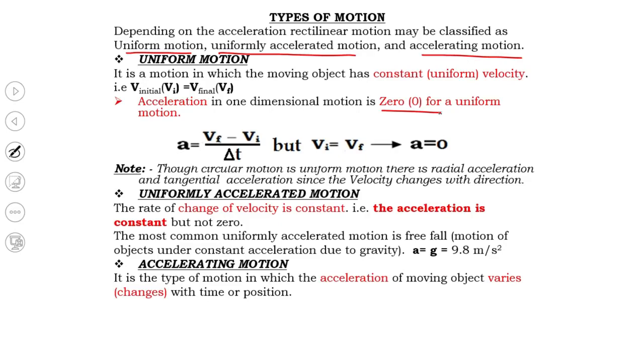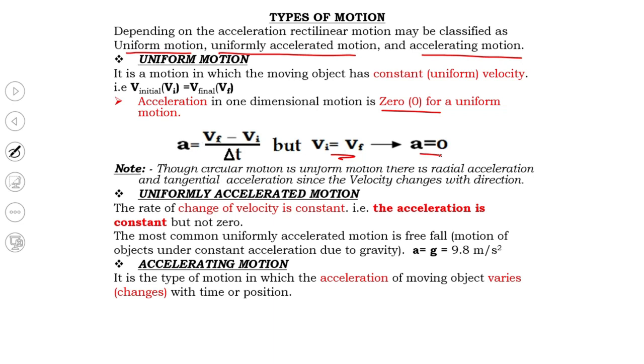We define acceleration as the final velocity minus the initial velocity over time t. But initial and final velocity are equal, and if you subtract equal numbers, it will give you 0. Therefore, keep in mind that for a uniform motion, acceleration is 0, but velocity remains constant.